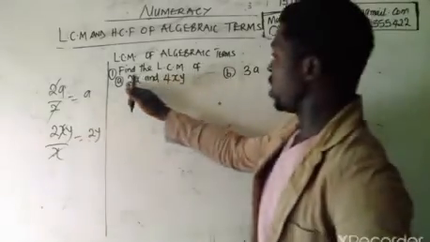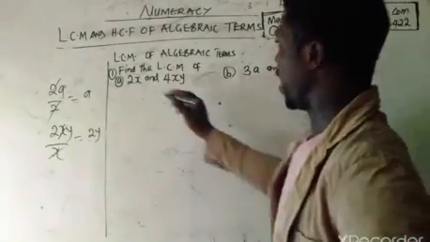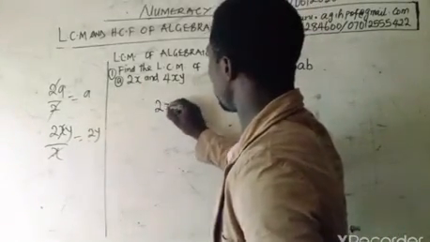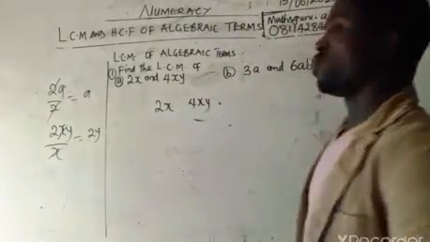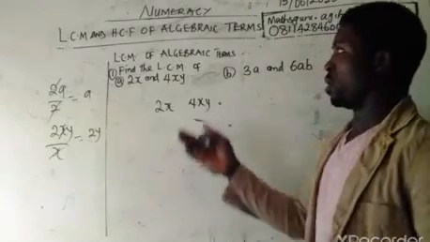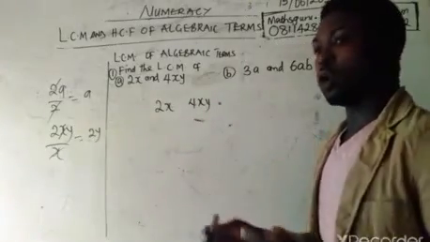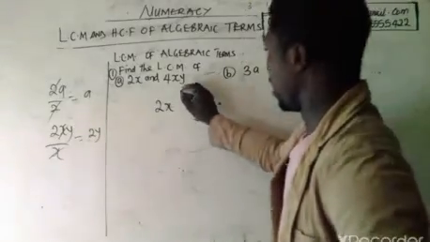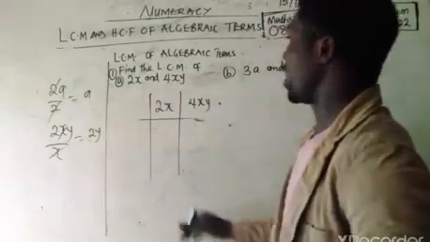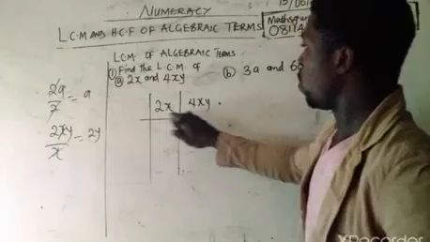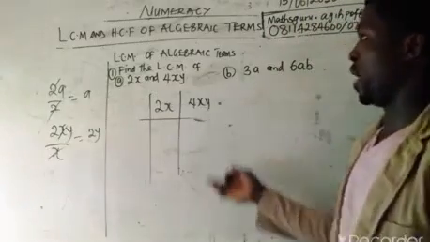So we go with the first question we have here, A. We have 2x and 4xy. Just like we did with LCM of whole numbers, we have a table drawn. Then we look at the numbers. What are the common terms we have here?